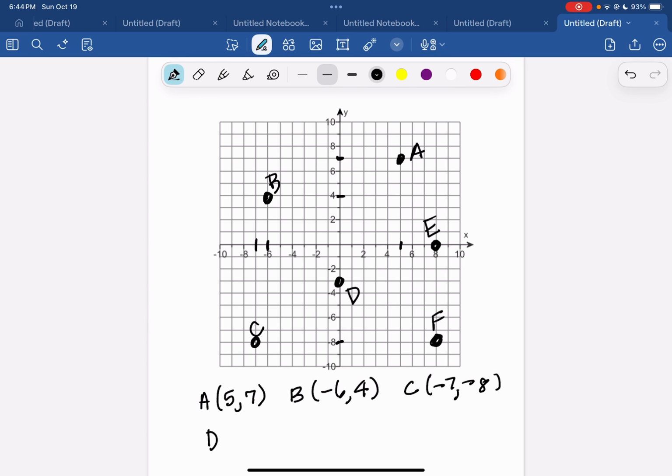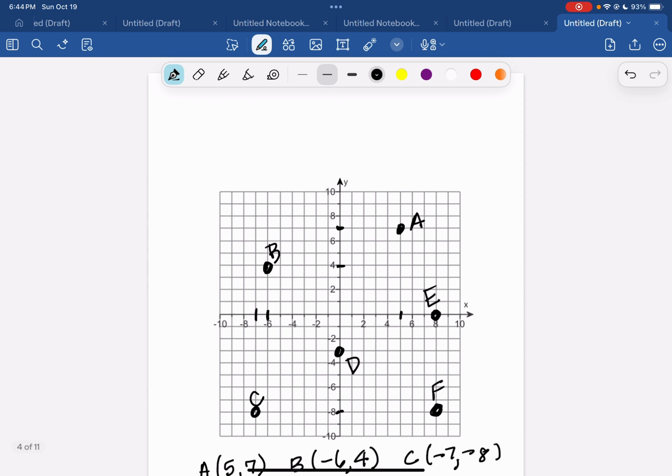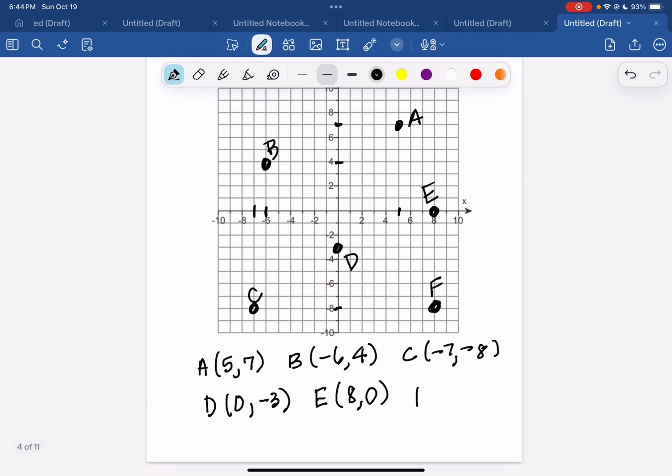It's on the y-axis, so x is going to have to be 0. Y is -3. E is on the x-axis at 8, but y has to be 0 because we don't move off of the x-axis up or down. And then the point F is at 8, -8.